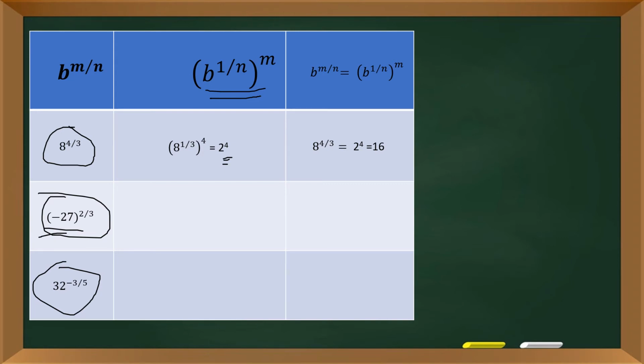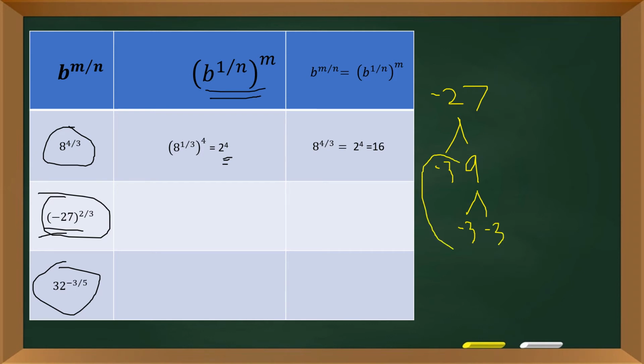You know that negative 27 can be expressed into its prime factor as negative 3 and 9. And also, 9 can be expressed as negative 3 times negative 3.